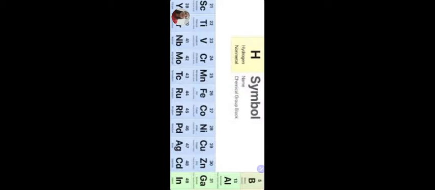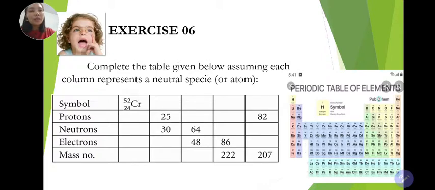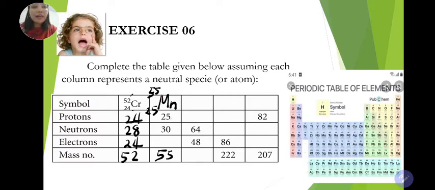So, we have manganese for that table. We will write here manganese, with 55 mass number and 25 atomic number, just like this one. And our answers earlier were 24, 28, 24, and 52. And since it is a neutral atom, number of protons equals number of electrons, we have 25 here.